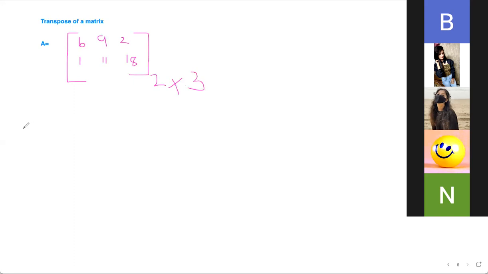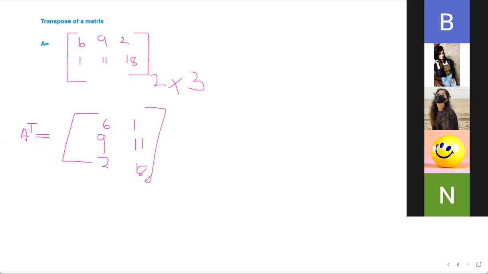Now A transpose is equal to, are you following? 3 by 2 बन जाएगा देखो. 6, 1, 9, 11, 2, 18. समझ में आ रहा है?